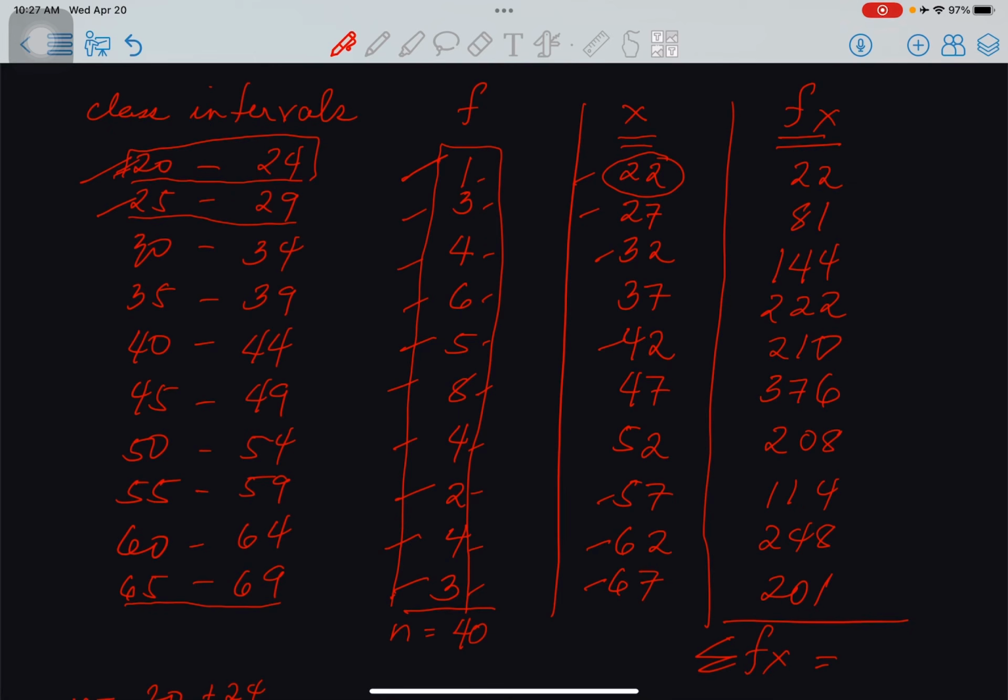So that is equal to 1826. That is now the value of summation of fx.